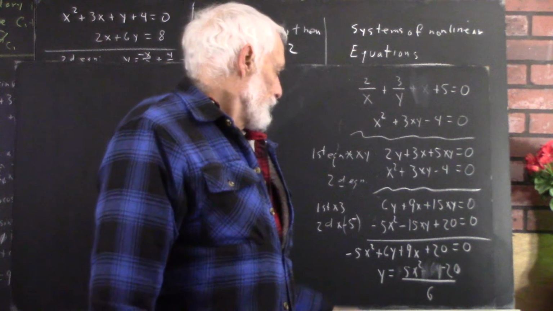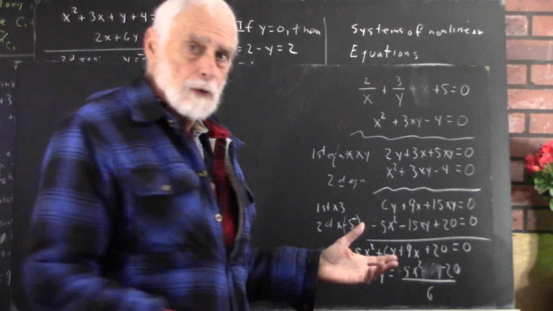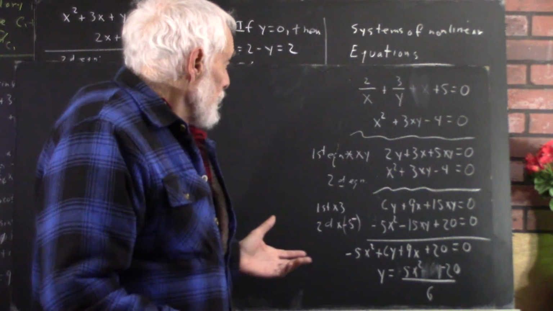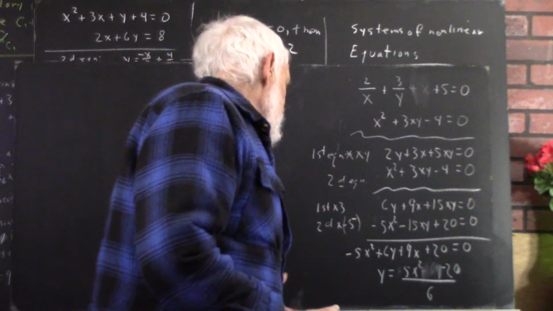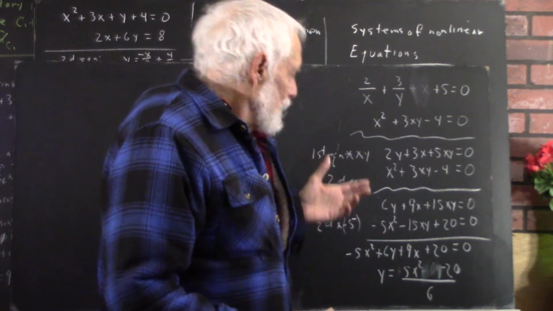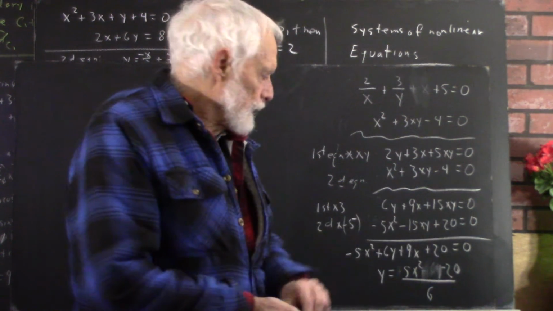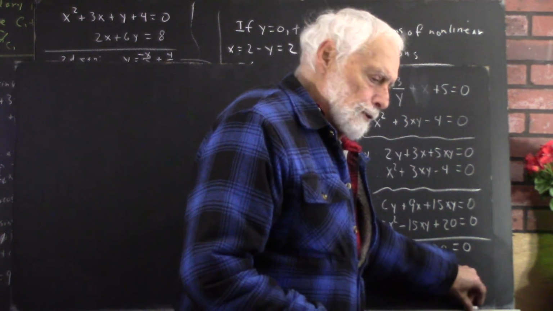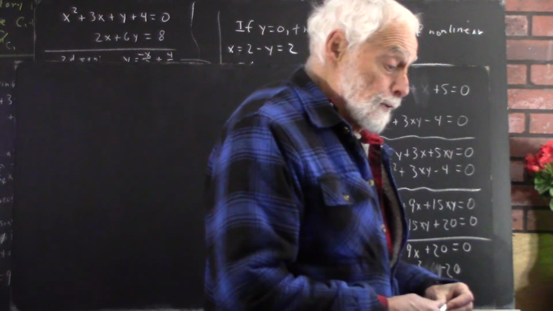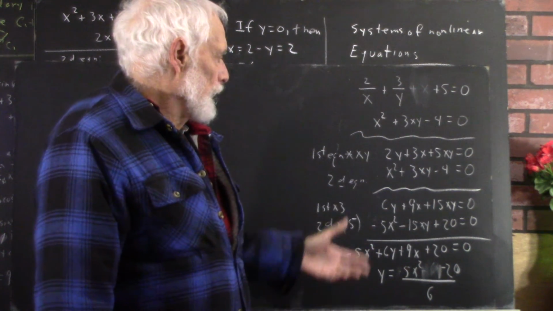At this point, I realized that this is beyond the scope of the course, again, because the xy terms imply a rotation of the coordinate axes. And that's something we don't do until we learn a little bit of trigonometry in the second half of the course. So for this particular example, you can't go on with it.